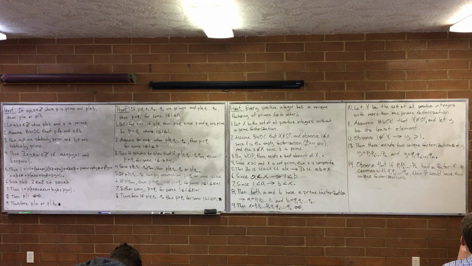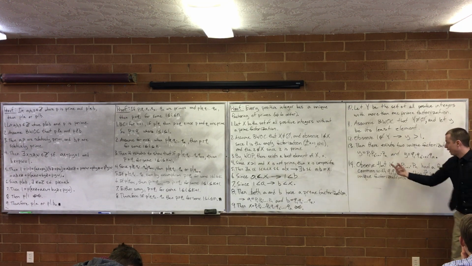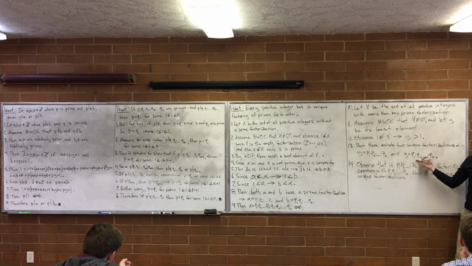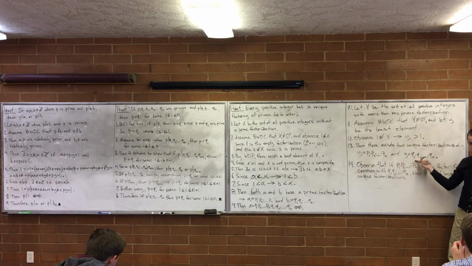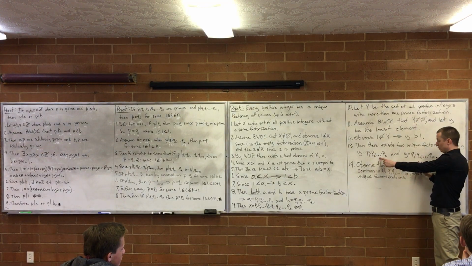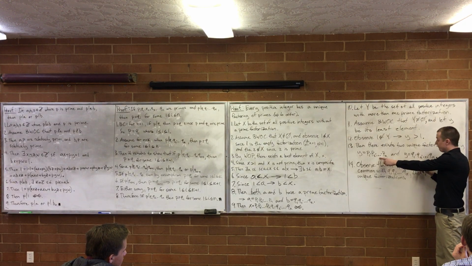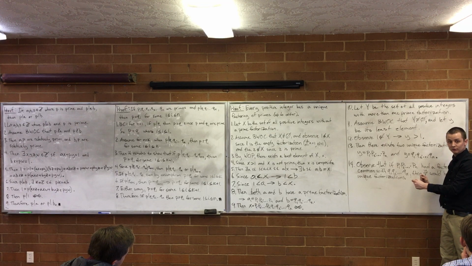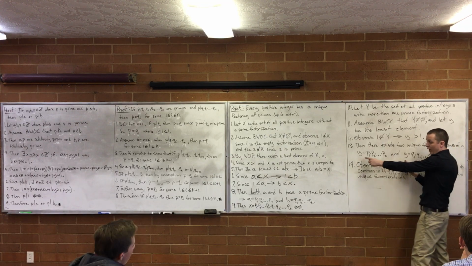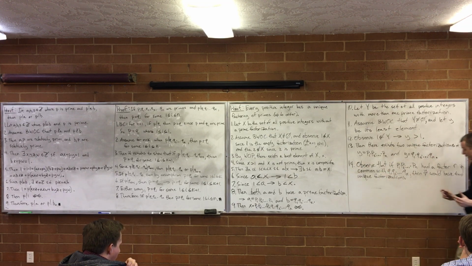So we're assuming that y has 2 factorizations, and it's the smallest number that has 2 unique factorizations. If any of these factors were in common, just divide them out, and the number that you get would be smaller than y, and it would have 2 unique factorizations.